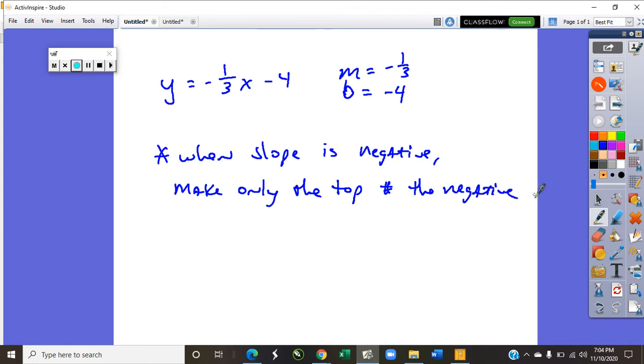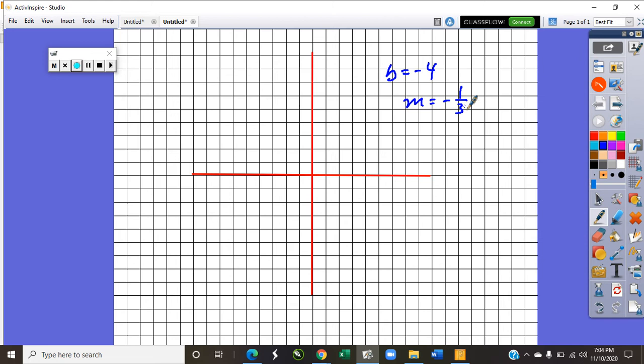Obviously, they're not going to both be negative because if they're both negative, that would be positive slope. Okay. And it's not going to be wrong necessarily if you make the bottom number negative, but it's just a good rule of thumb to keep that negative on the top. Okay. So if we have a slope of negative 1/3, we're going to graph this. Remember, keep negative on top as -1/3. Okay. So let's go back and look at our slope. We're going to cross this out and make this -1/3.